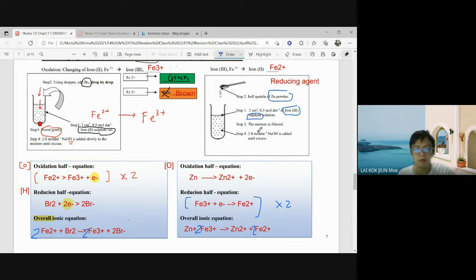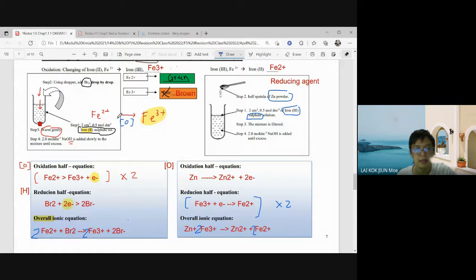So when you solve, Fe3 plus automatically can undergo reduction, become 2 plus. If you look at the question and see 2 plus, automatically you know this is going to oxidize to 3 plus. You know what I mean? You have to check the reactant, no?